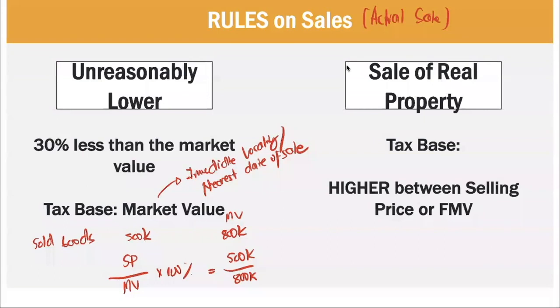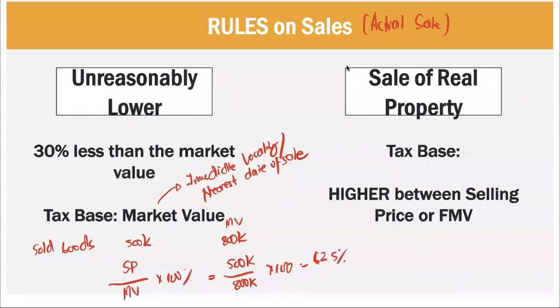So we have here 500 divided by 800, multiplied by 100%. We have 62.5%.